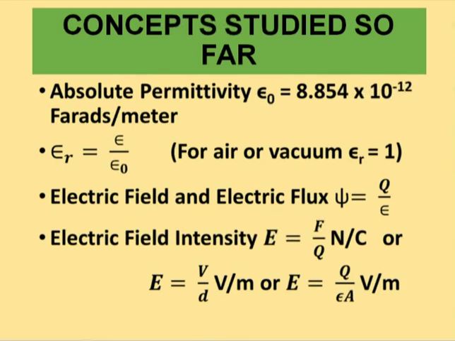It says the potential difference between the 2 points divided by the distance between the 2 points, that is V upon D, expressed as volts per meter. The third definition states E, or the electric field strength, is directly proportional to the charge and inversely proportional to the area. It is given by the equation E is equal to Q by epsilon into A.